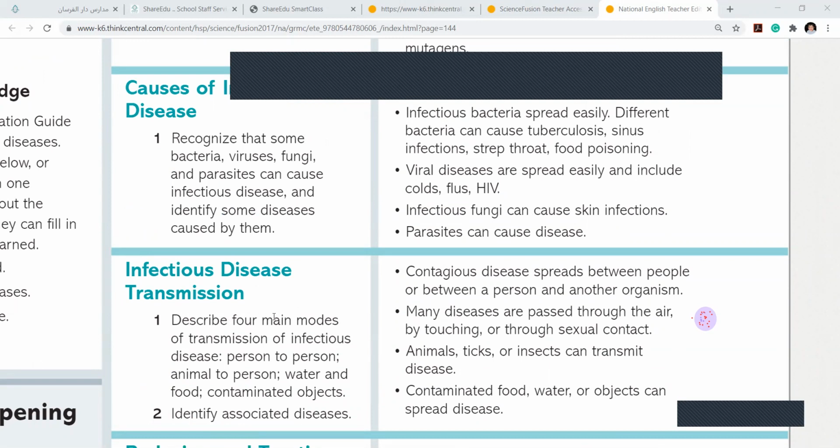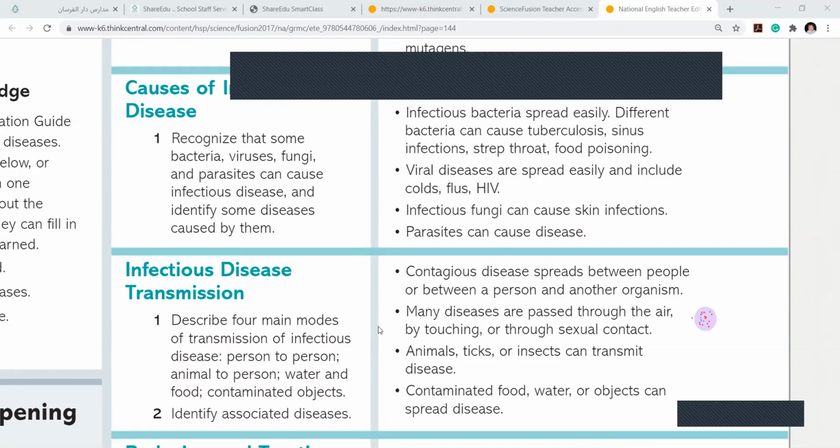Describe four main modes of transmission of infectious diseases. Person to person. Who will tell me this? From person to person, what are the routes by which a disease can go from one person to another? I'm asking you about modes of transmission. What is the meaning of mode of transmission?